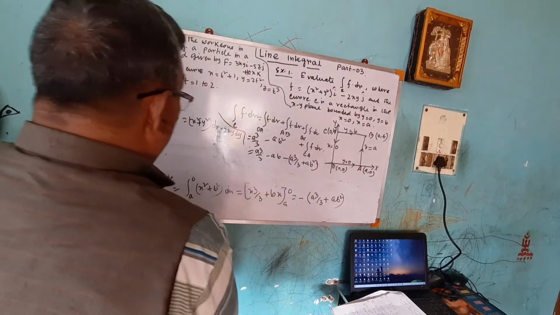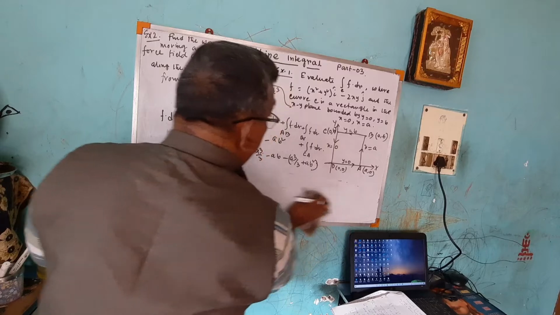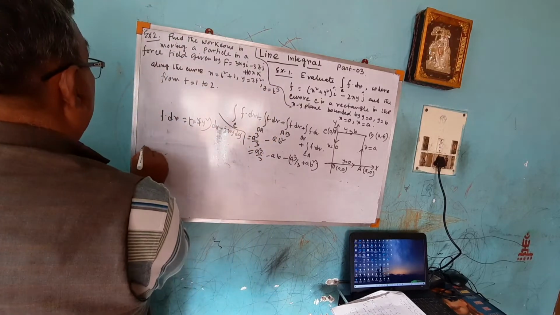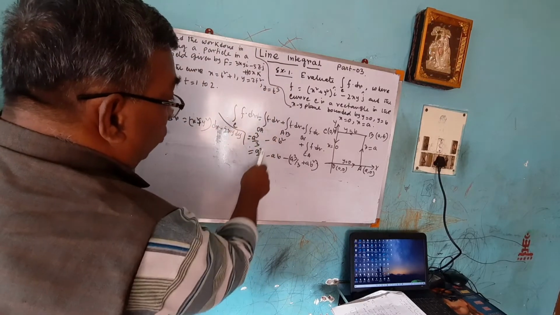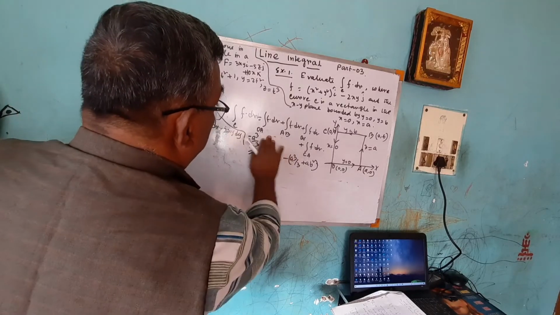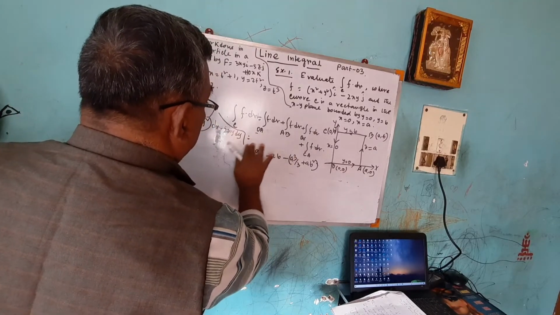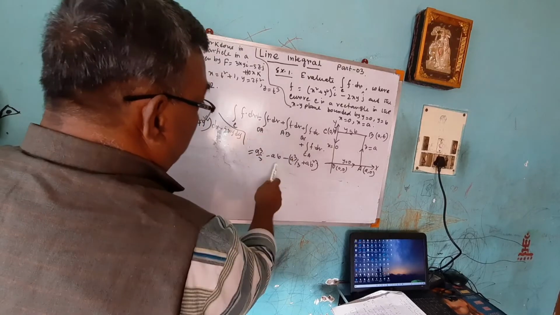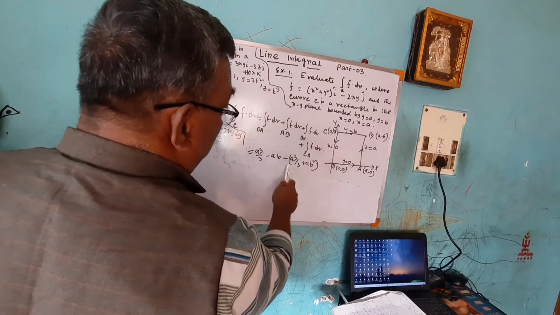Okay. Now along OA the value is this, along AB the value is this part, here I'm just removing. Along AB value is this, along BC value is this.